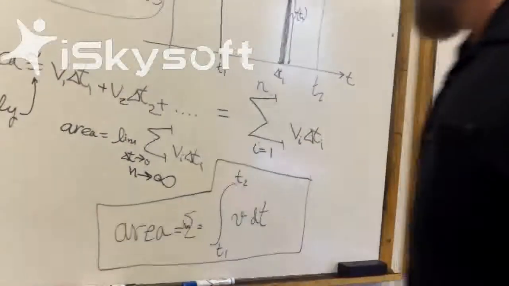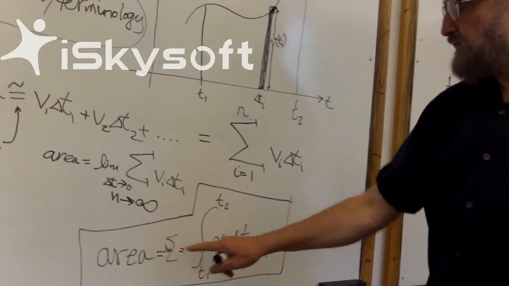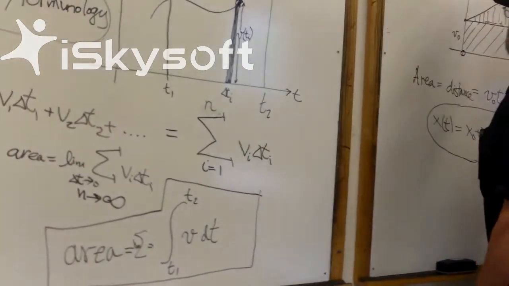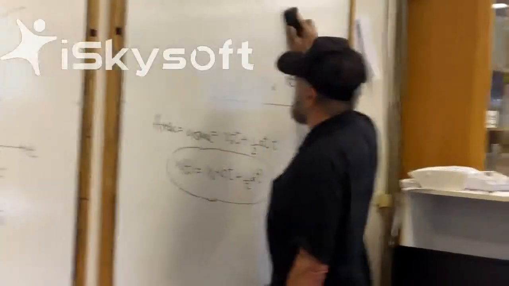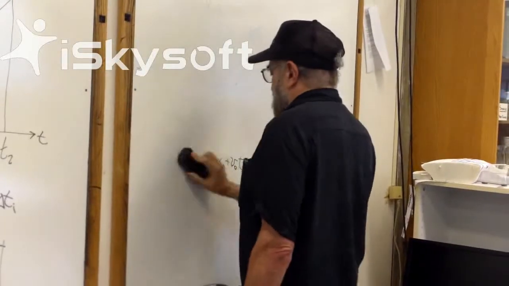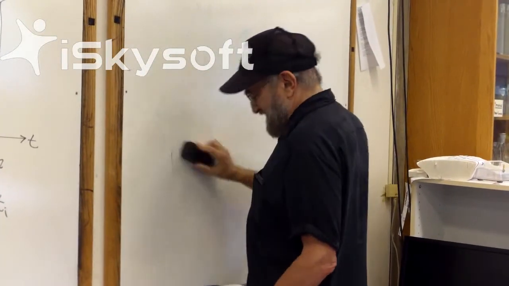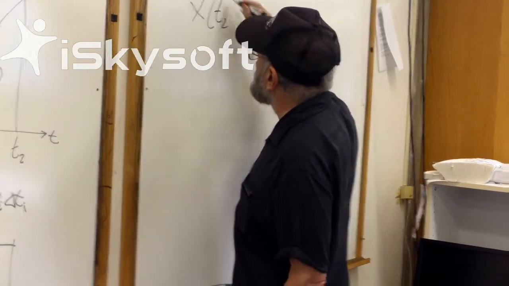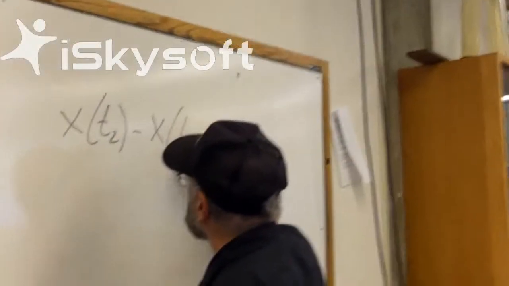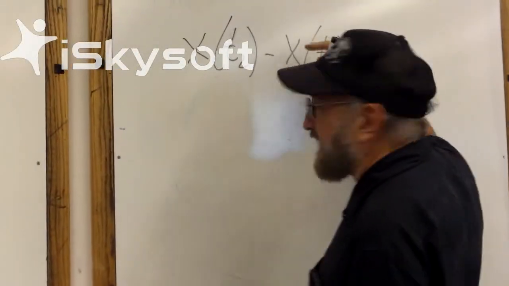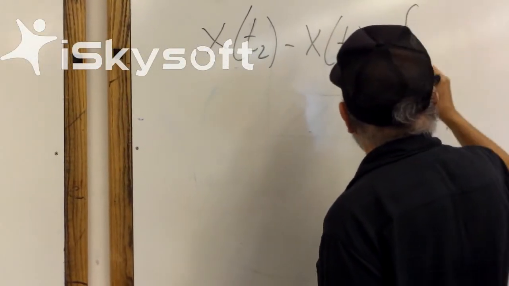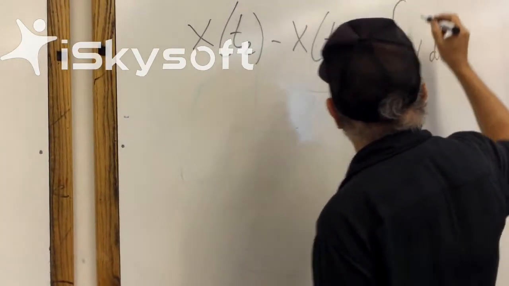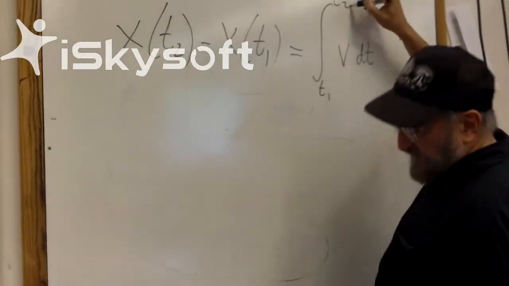It applies to any graph as written here. The one we're most interested in is the generalization of this graph I'm erasing, that x at t2 minus x at t1, the distance added by doing this velocity, is the integral of v dt, the area under the curve of velocity from t1 to t2.